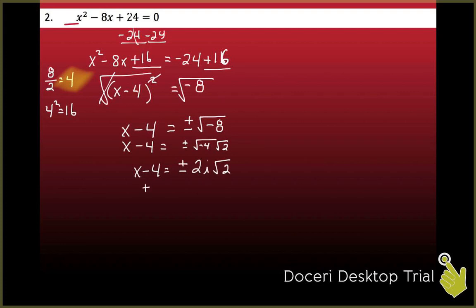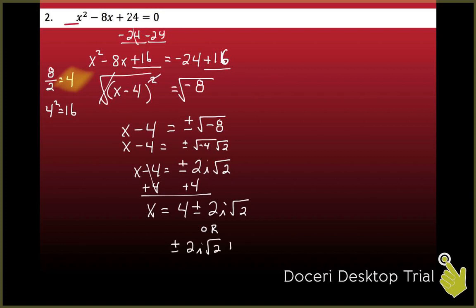We're going to add 4, and we're going to get an answer of x equals either 4 plus or minus 2i radical 2, or if you don't feel like switching them around, you can have plus or minus 2i radical 2 plus 4. Both of those are acceptable. The top one is a little nicer, but it doesn't matter. They're equivalent forms, so both get you to the same place.